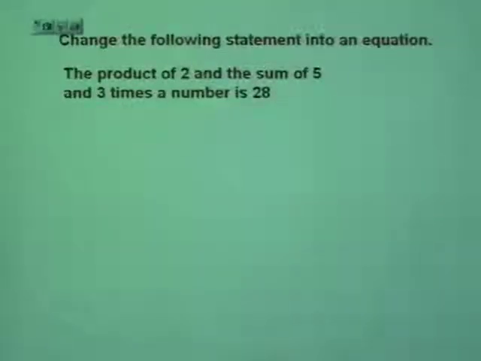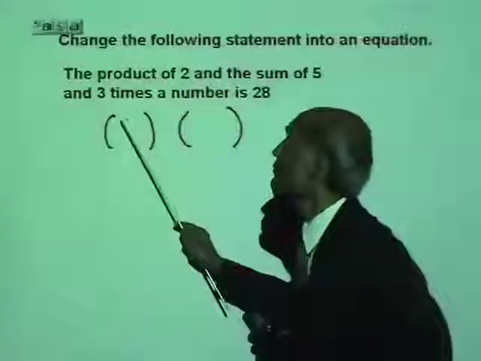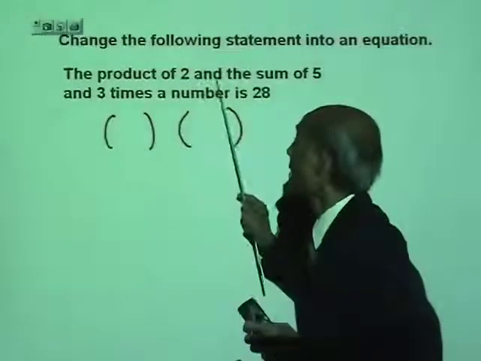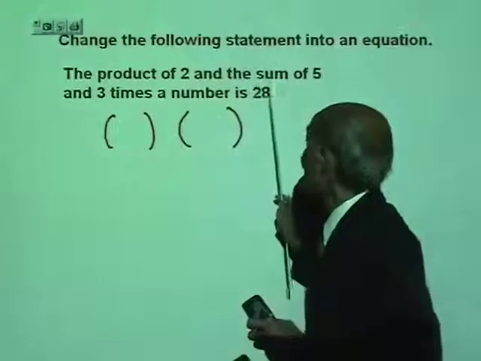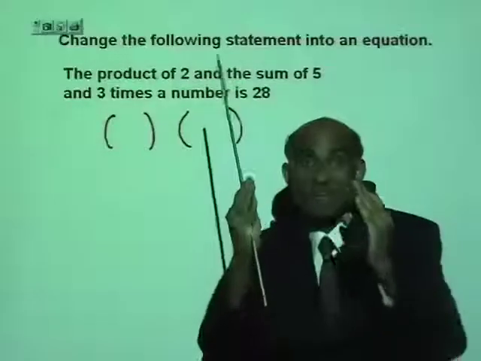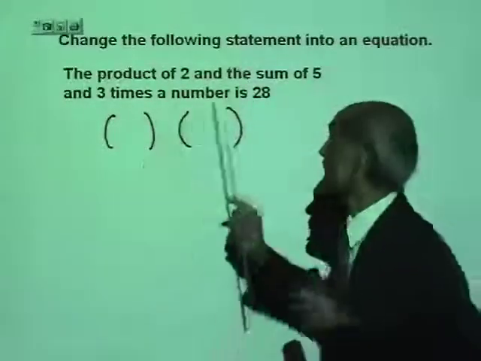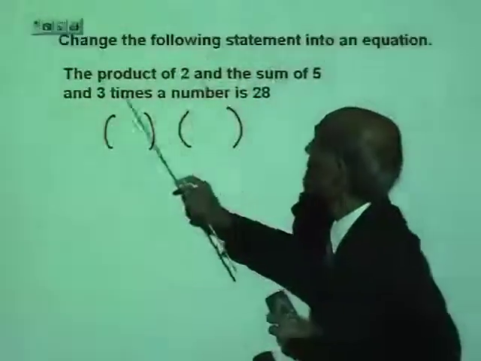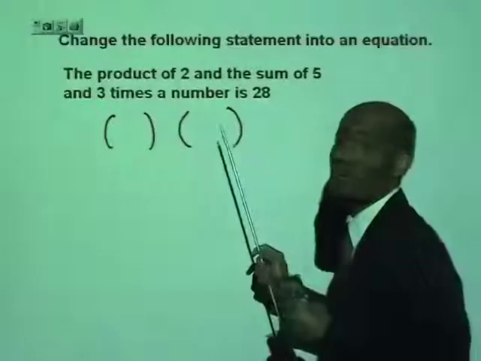Alright? Product of what and what. You can see product of 2, so the first number is 2. And what? The sum of. That means the second number is a sum. Sum of what? 5 and 3 times a number.